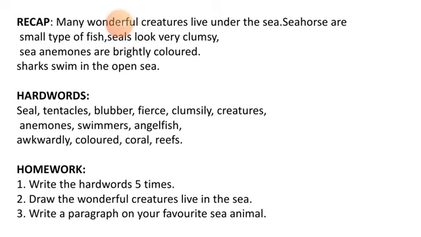And angelfish, which are colorful with different patterns. And seals are very clumsy on land and good swimmers. And sea anemones and sharks. We have seen about sharks' teeth. If they lose one tooth, immediately another one will grow. It's not like us.